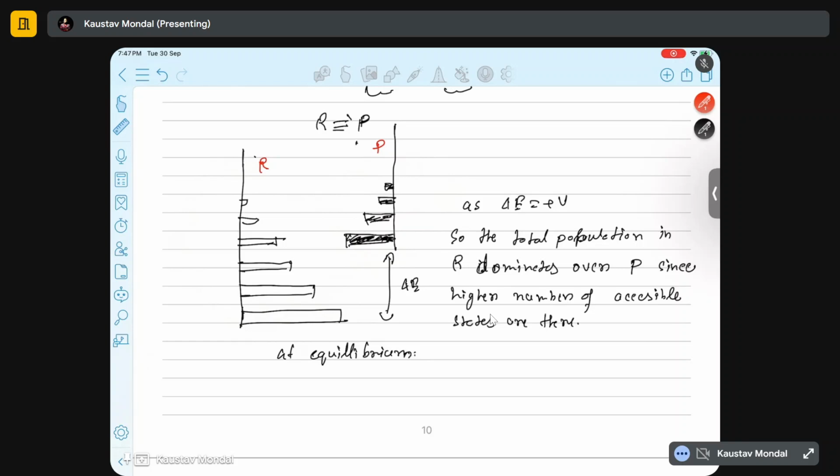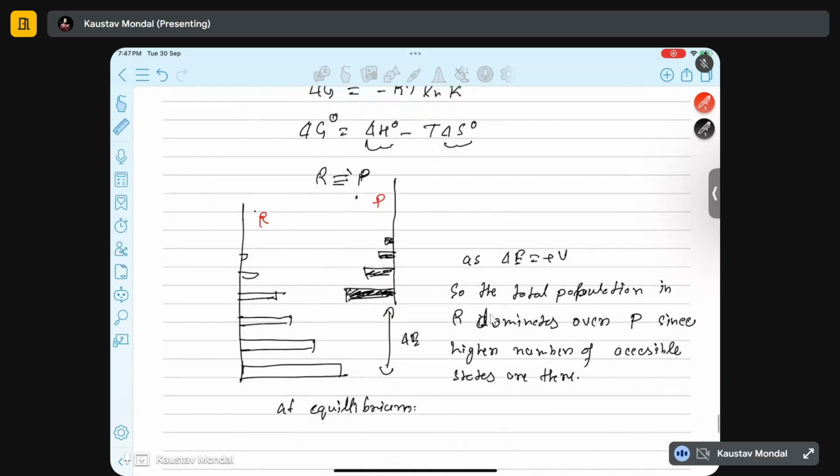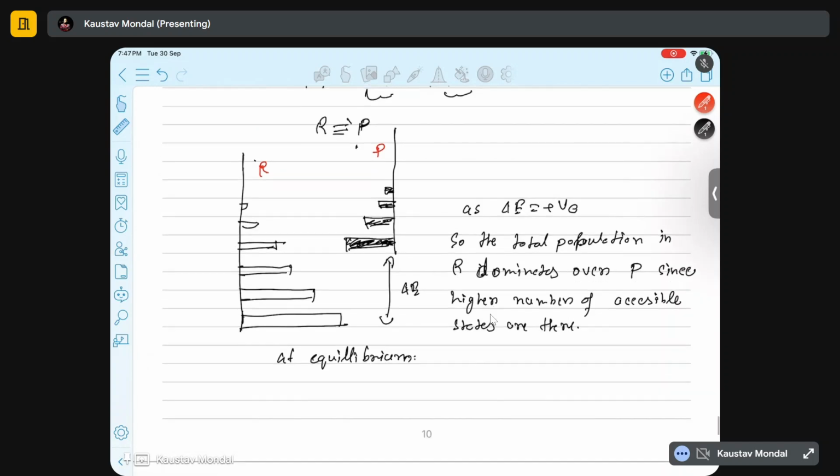So delta E is a positive value. For that reason, for reactants, the overall population dominates over the products.